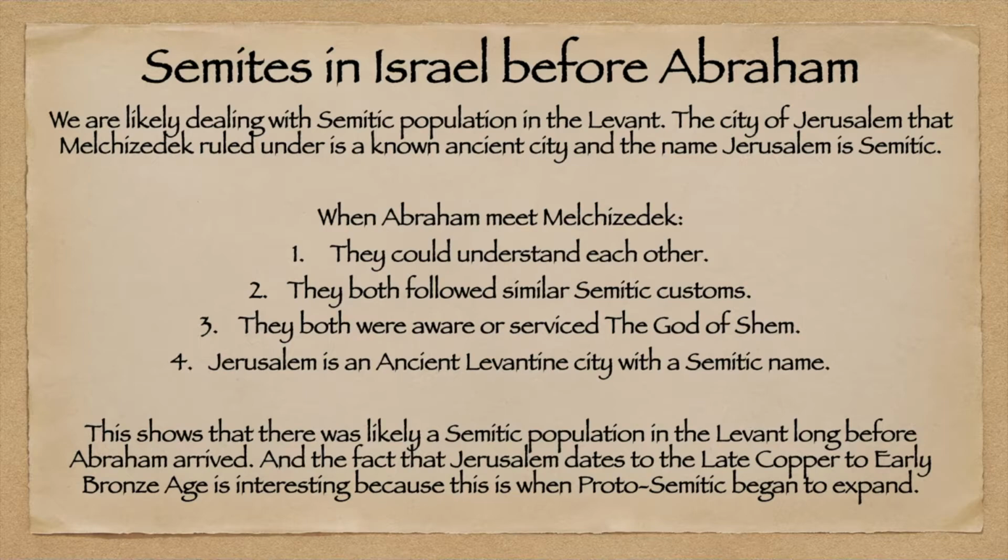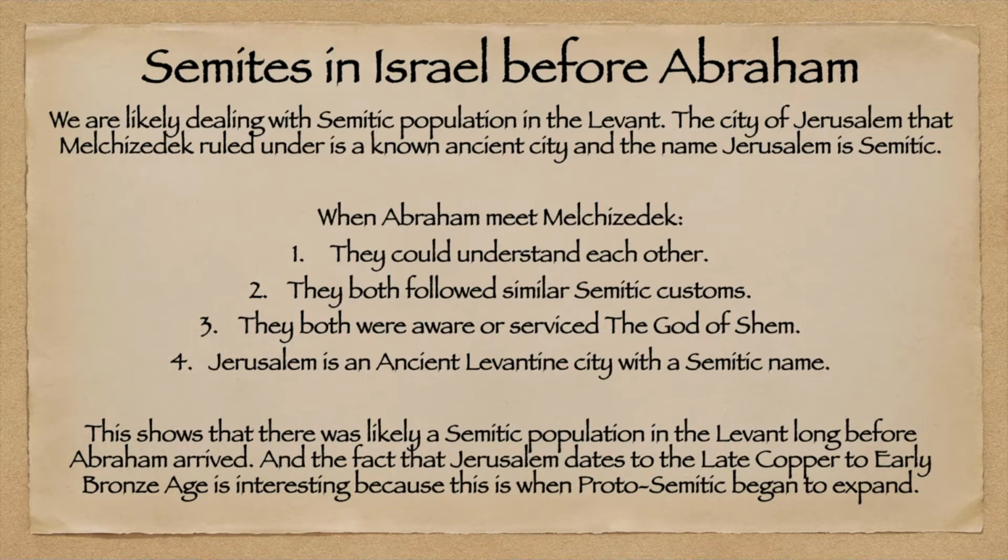The city of Jerusalem that Melchizedek ruled under is a known ancient city, and the name Jerusalem is Semitic. Abraham met Melchizedek. So one, they could understand each other. When they were speaking, it's likely clear that they both were speaking a Semitic language. Two, they both followed similar Semitic customs, the customs mentioned in that chapter when Abraham meets Melchizedek.